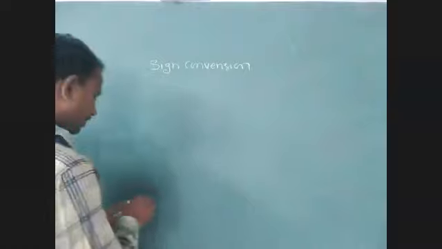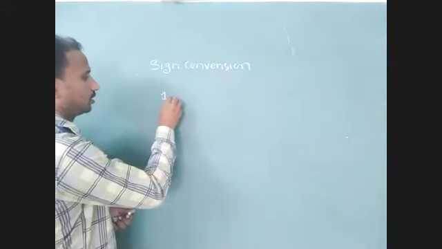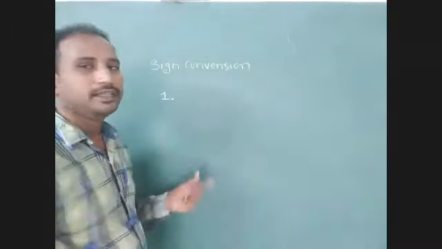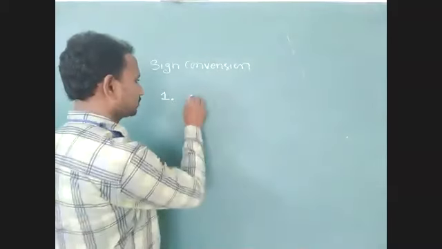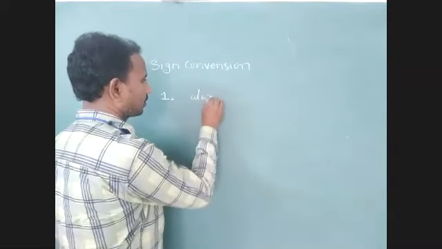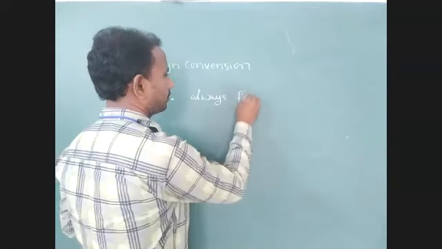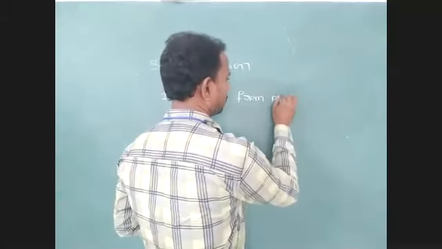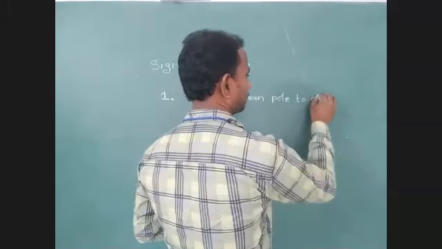Rule 1: we have to find the distance always from the pole to the observation point.